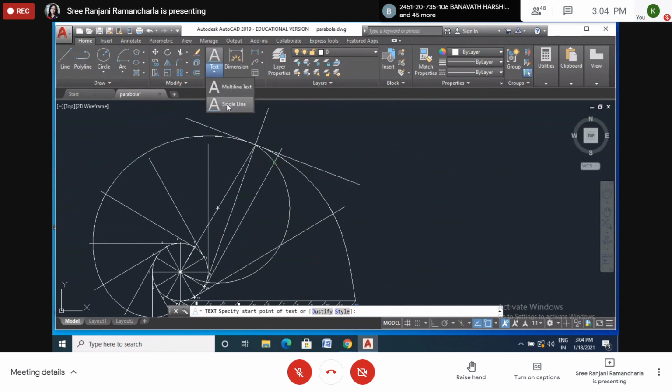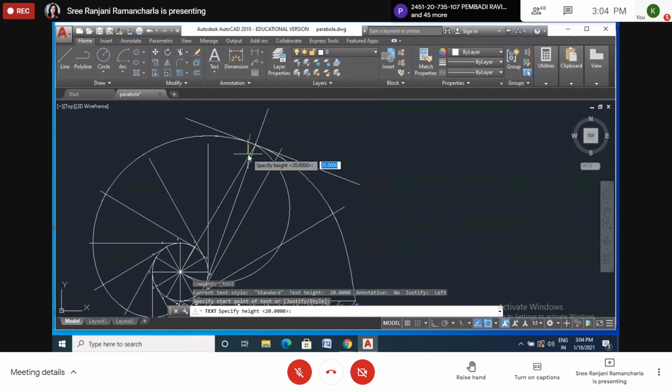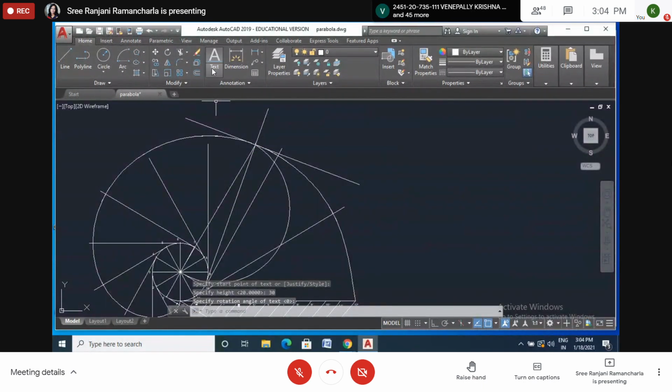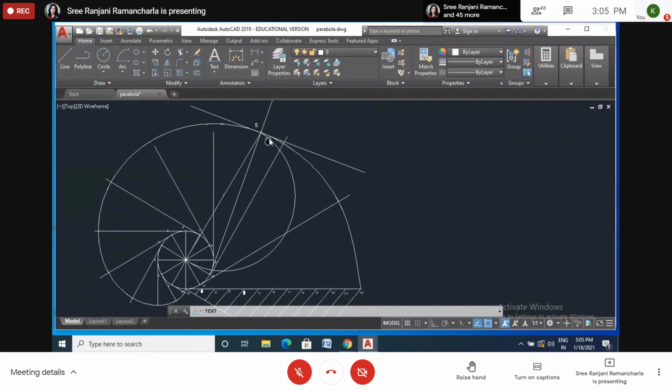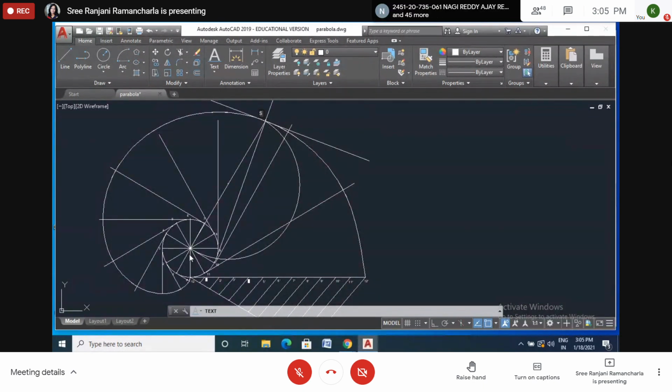Let me write here a point as S. So you also keep a point on this involute as S. Now from S, join this line to the center of the circle.